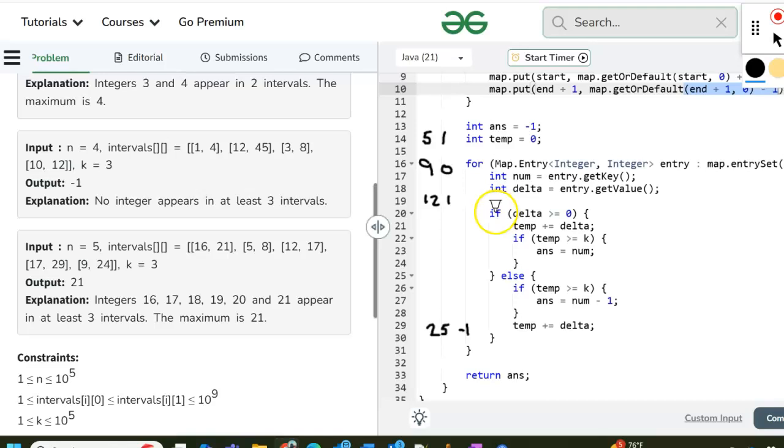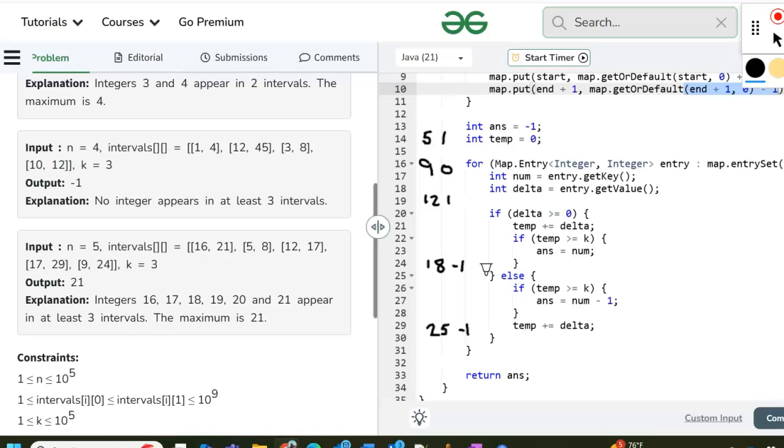And the 17 is actually going to give us 18 as a -1, one past the end of the interval. So 12 and 17, we had 9 and 24. What is the next one? The next one is going to be 16 and 21.